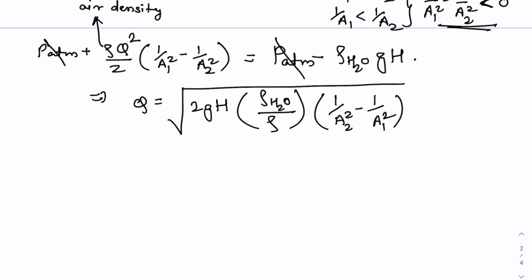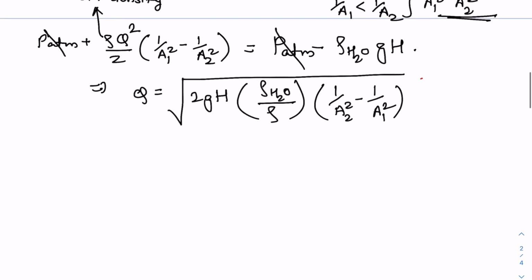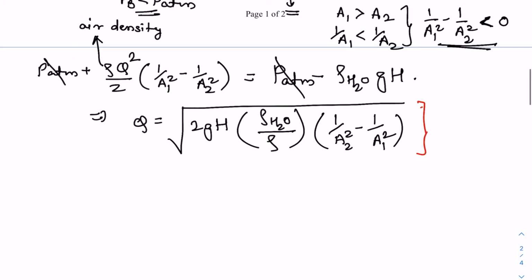So this is the flow rate for which the water will climb up all the way into the pipe.